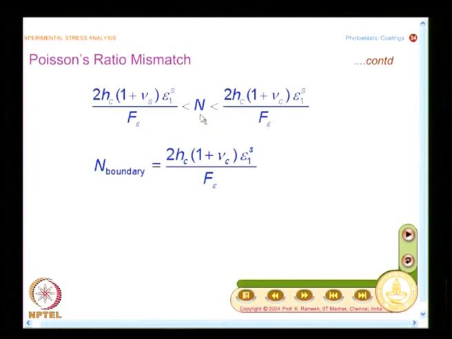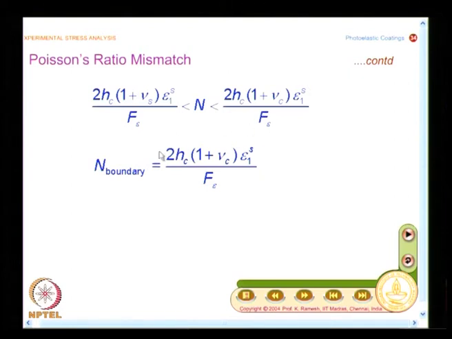So, the n will have a range, on the one end dictated by the Poisson's ratio of the specimen, on the other end dictated by the Poisson's ratio of the coating.